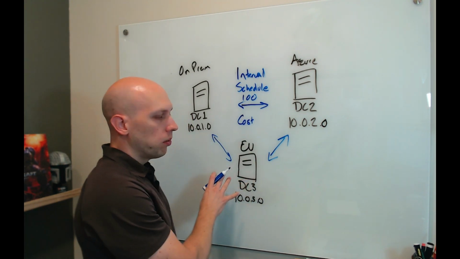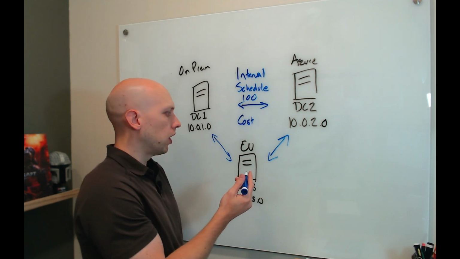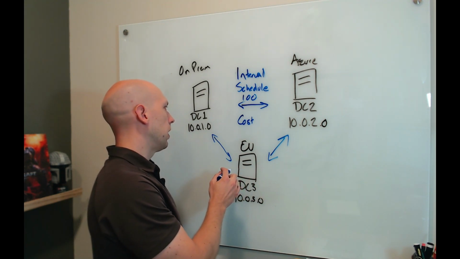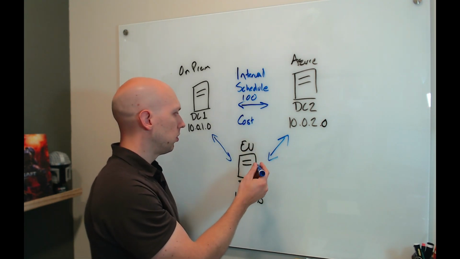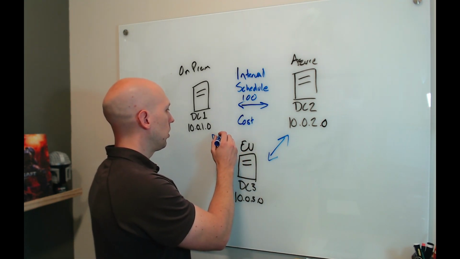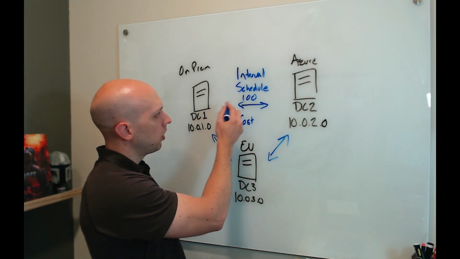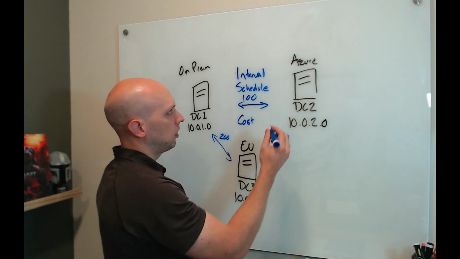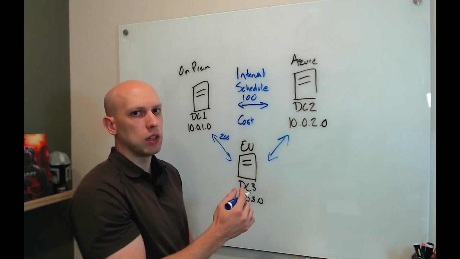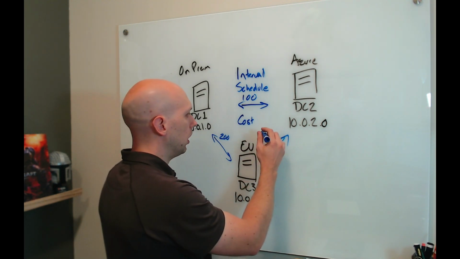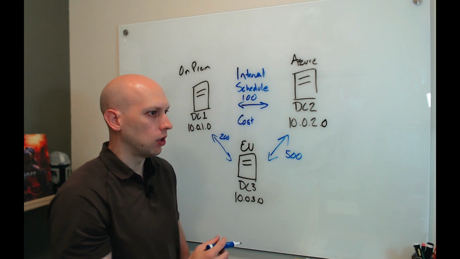Now, let's say your equipment in EU is not really that great. So you've got a lower speed, but you've got a relatively high speed connection back to your main office, not so much to Azure. So let's say our cost for this is going to be 200. It's slower than this site, but it's not that bad. And let's say our cost to get to Azure, maybe we're routing all the way back to Azure US East from Europe, so it's terrible. Let's say this cost is going to be 500.